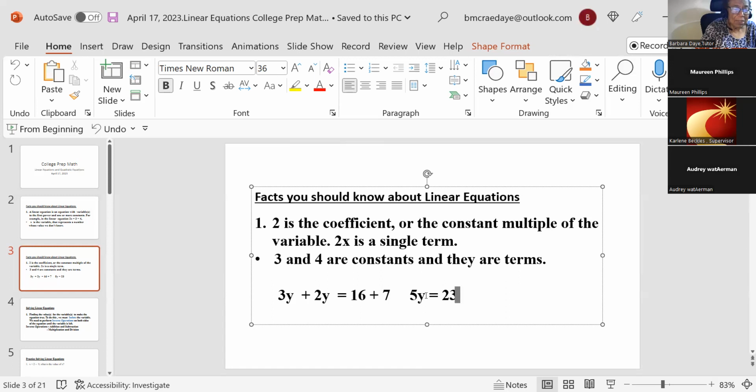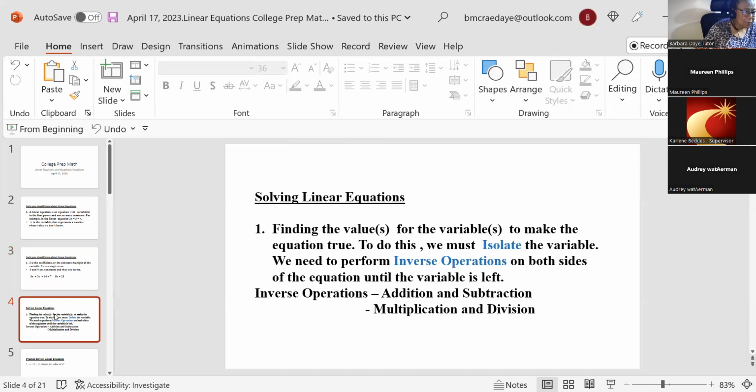This is a separate linear equation, 5y equals 23. So that's equation 1, that's equation 2. Equation 2 has 2 terms. Got it? If I ask you the total terms in equation 1 and equation 2, then you would have been right with 6, because you have 4 here plus 2 here. But that's not what I asked you, right? I asked you how many terms are in this equation. Got it? Okay.